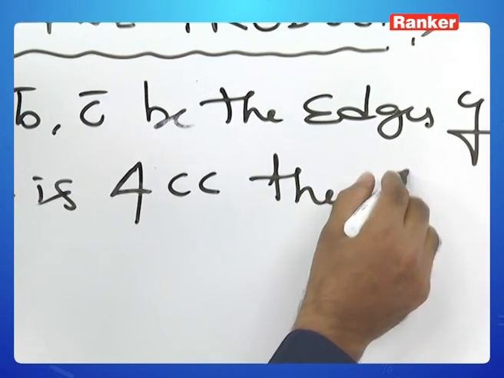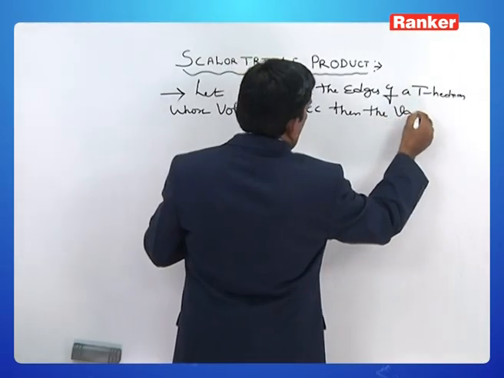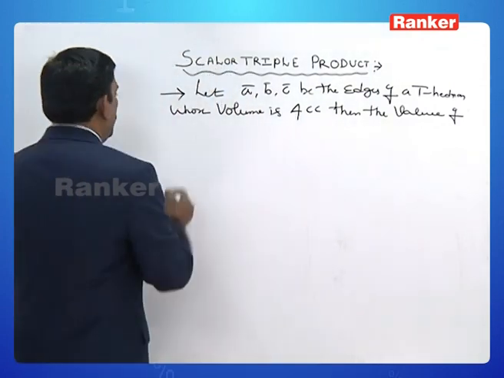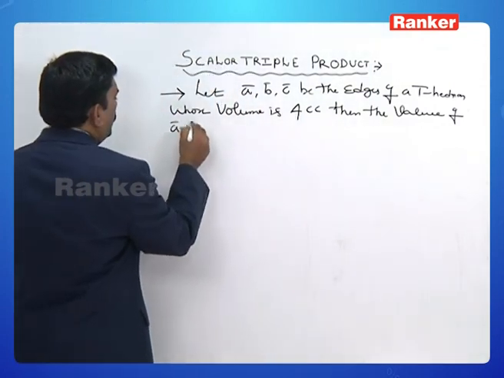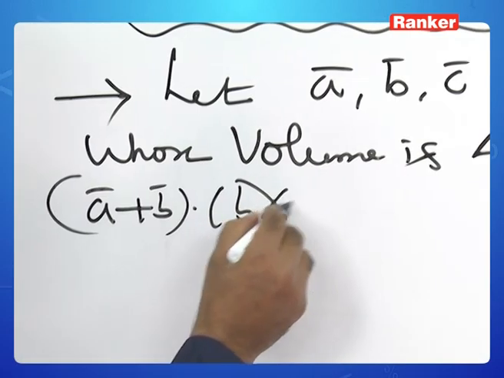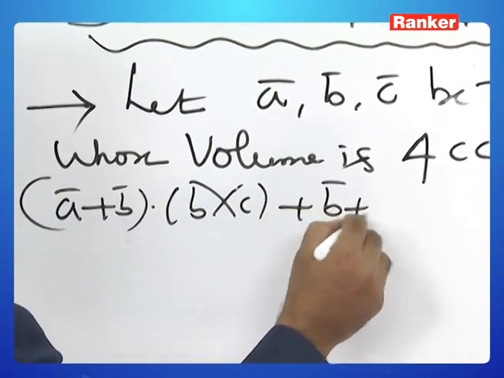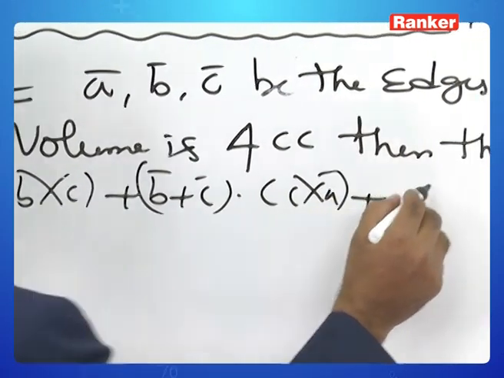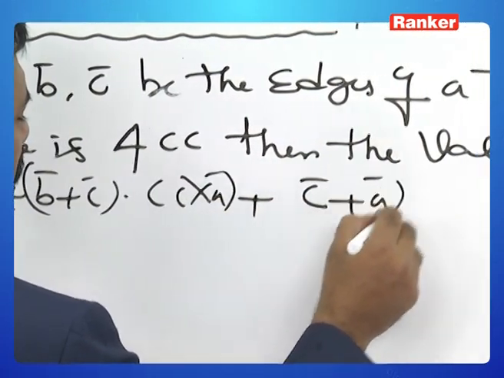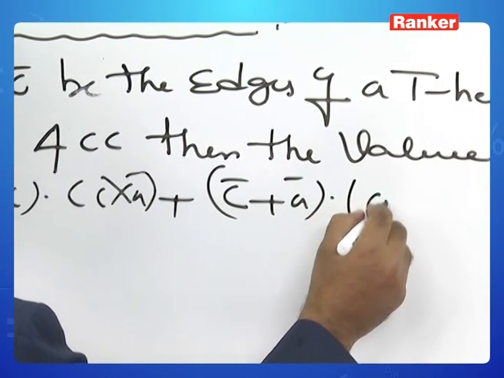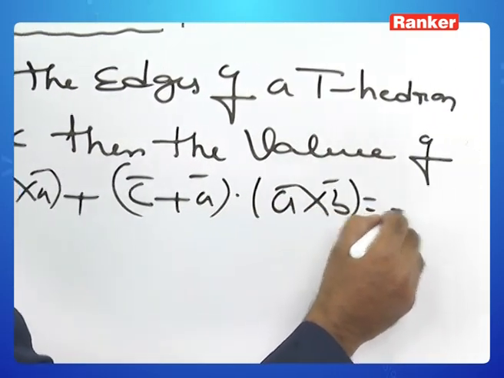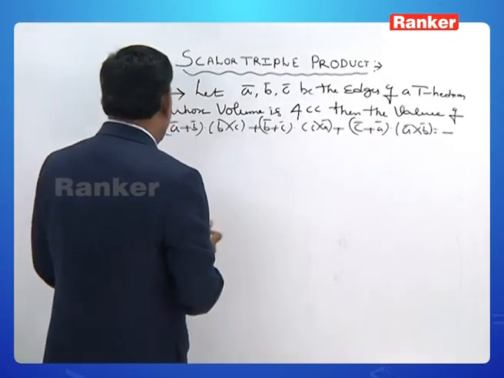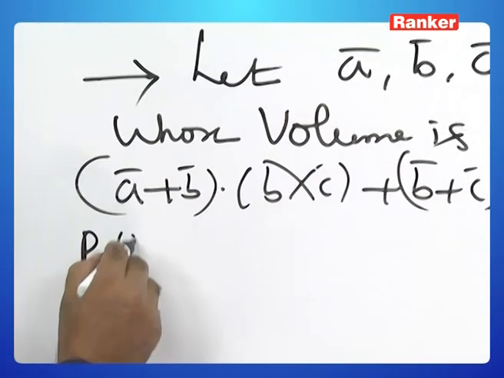Then the value of (A bar plus B bar) dot (B bar cross C bar), plus (B bar plus C bar) dot (C bar cross A bar), plus (C bar plus A bar) dot (A bar cross B bar) is equal to dash.